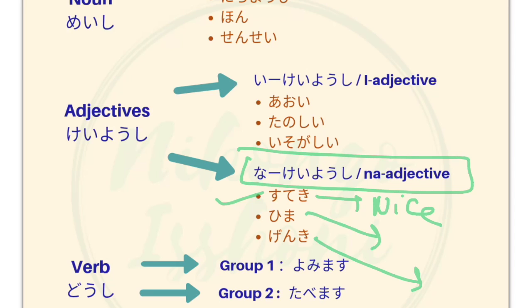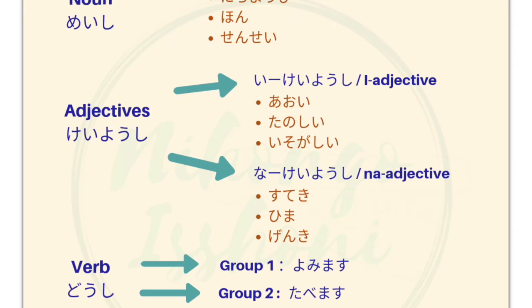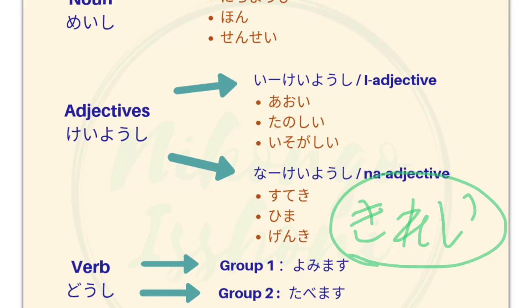So this is it. Here in na-adjectives we have the word kirei, which means beautiful. Note this word ends with i, but it is not an i-adjective, it is a na-adjective.